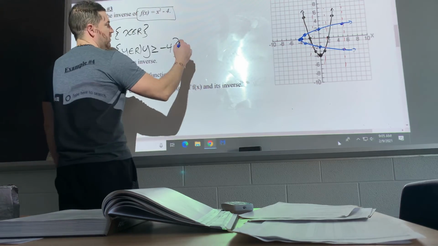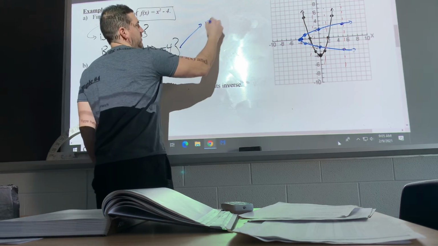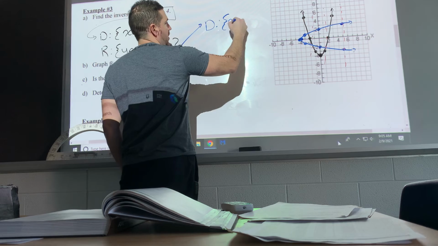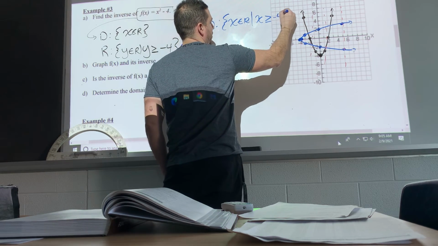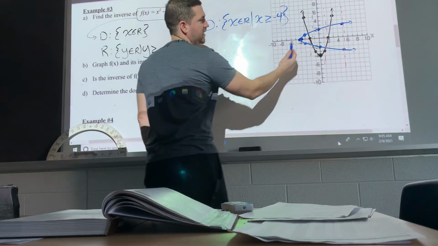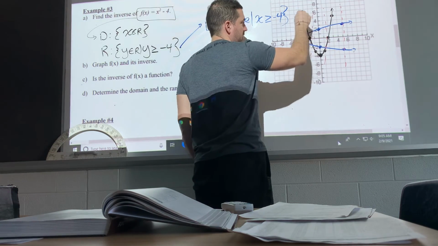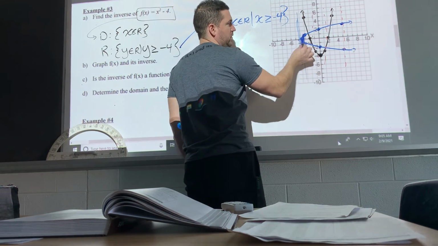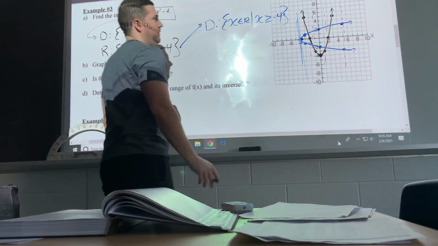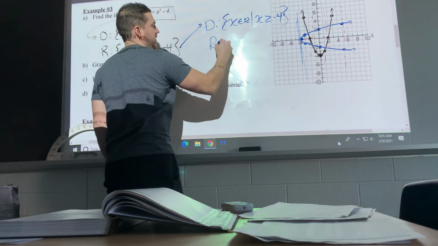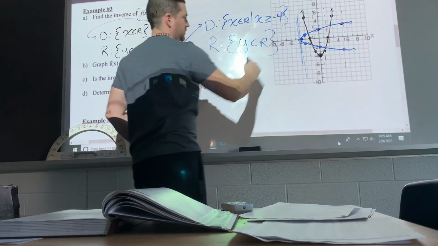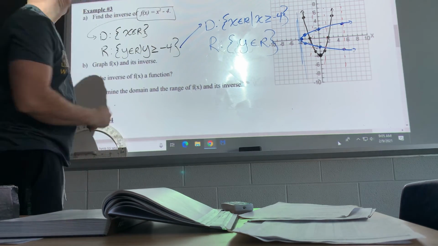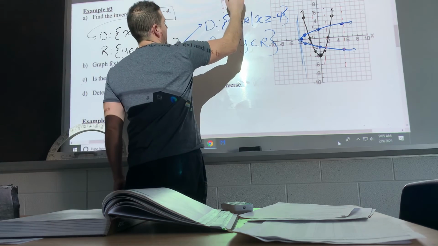So for the inverse, the domain is x in the reals such that x is greater than or equal to -4, which makes sense because they're inverses. It's cut off here. So it goes from -4 onwards. And our range is just y in the reals. So this is for the inverse.